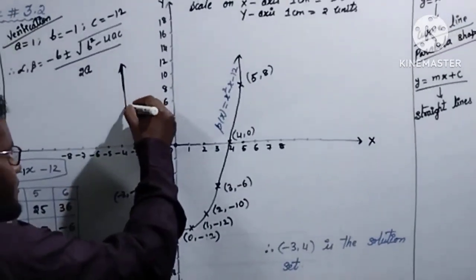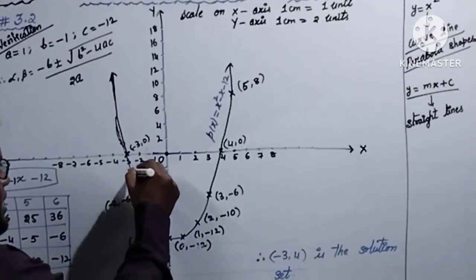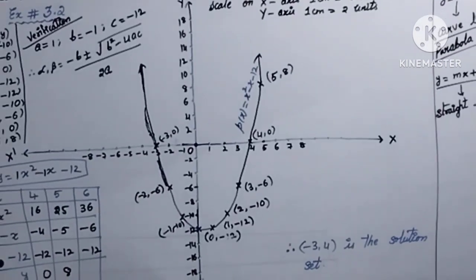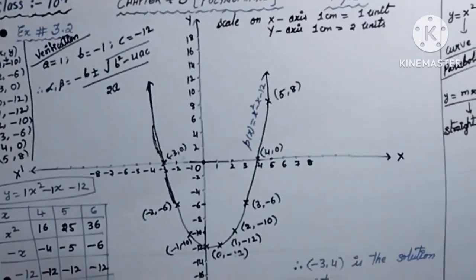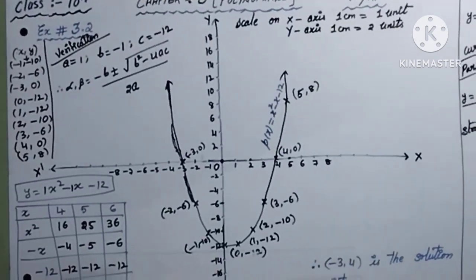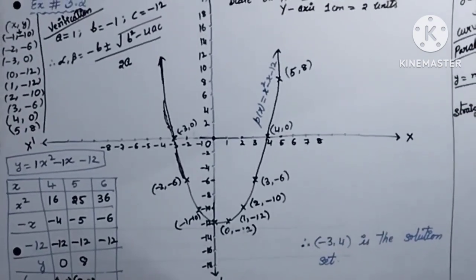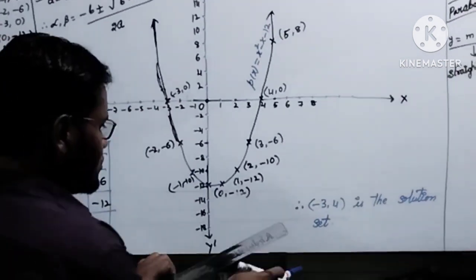And one more thing. When we are drawing the graph, if we are getting this type of lines also, this is also wrong. That one also is wrong. So you have to draw the line in a single attempt only. And one more thing, don't use a scale. How?